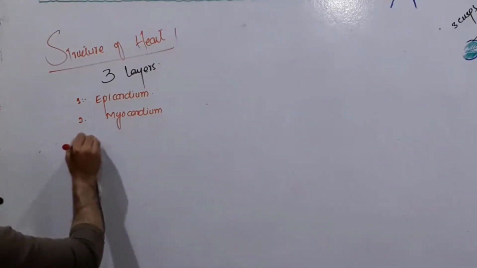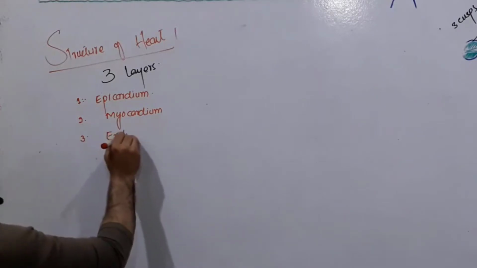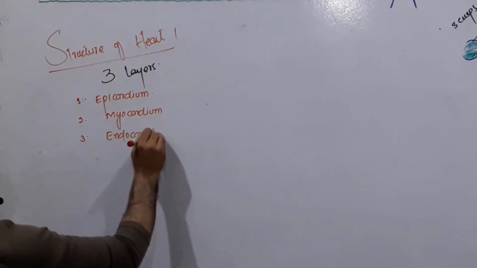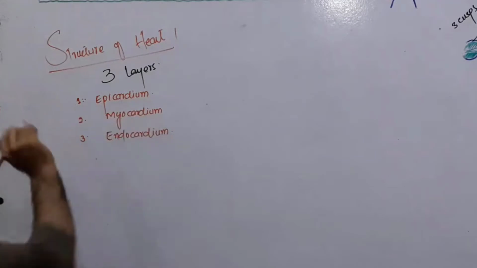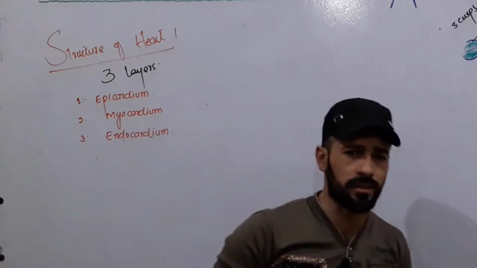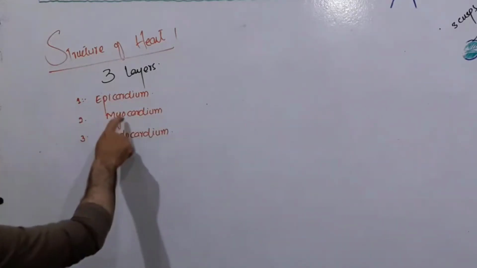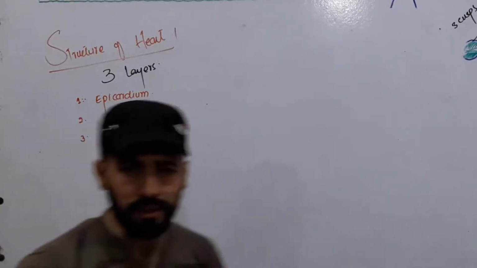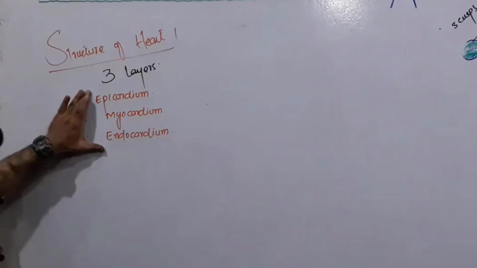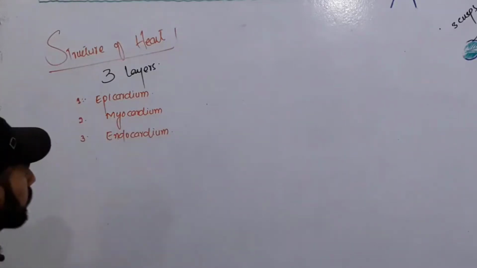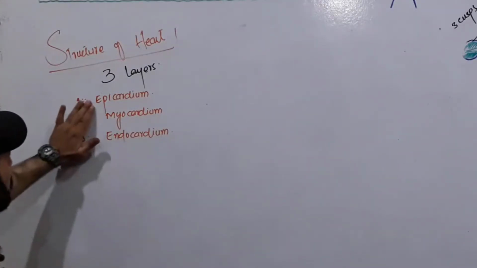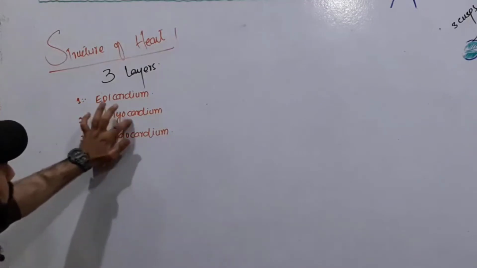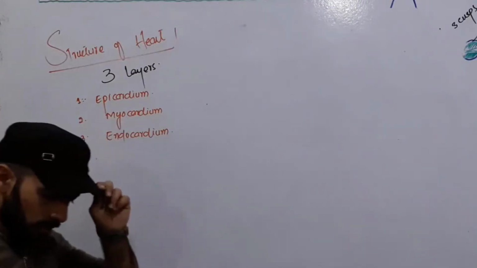And the third one is endocardium. Cardium refers to the heart. So epi means above, myo means muscle layer, and endo means inner layer. So structurally our heart is composed of three layers: the epicardial layer, the myocardial layer, and the endocardial layer.